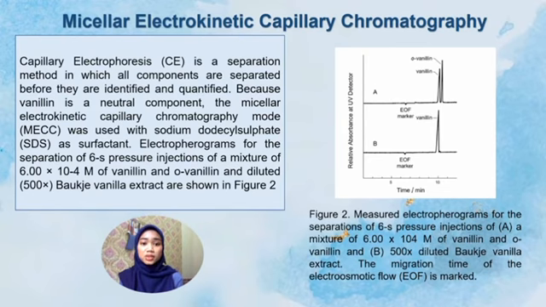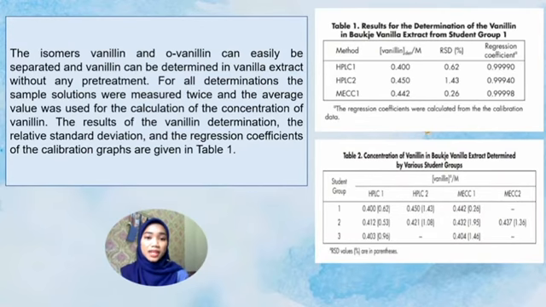Figure 2 shows the electropherograms for the separation of 6 second pressure injections of a mixture of 6.00 × 10⁻⁵ molarity of vanillin and ethylvanillin and diluted vanilla extract. We can see in A there is ethylvanillin present, while in B there is no ethylvanillin present. The isomers vanillin and ethylvanillin can easily be separated, and vanillin can be determined in vanilla extract without any pre-treatment.